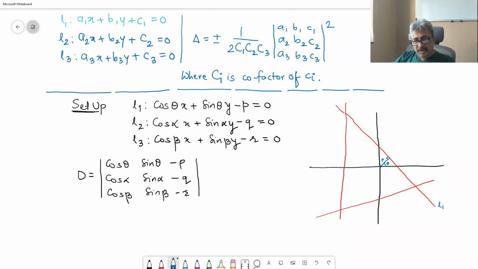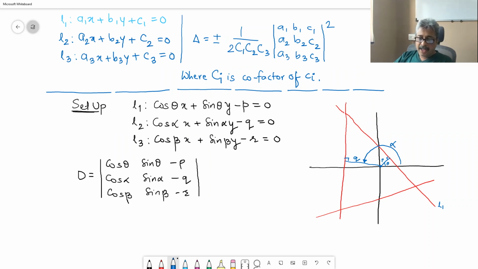Then what is alpha? I draw perpendicular from origin. This is alpha, and this distance is q.